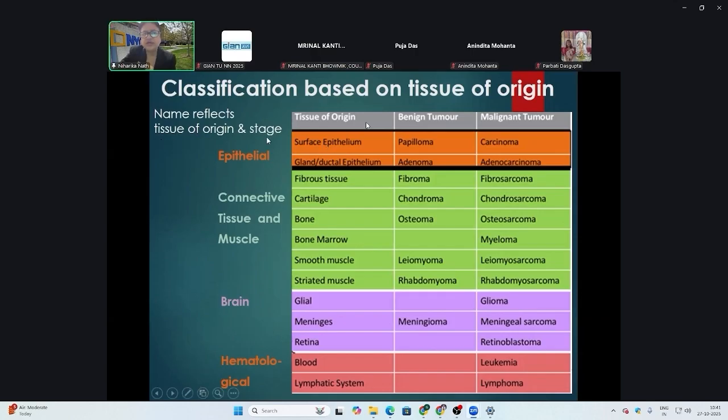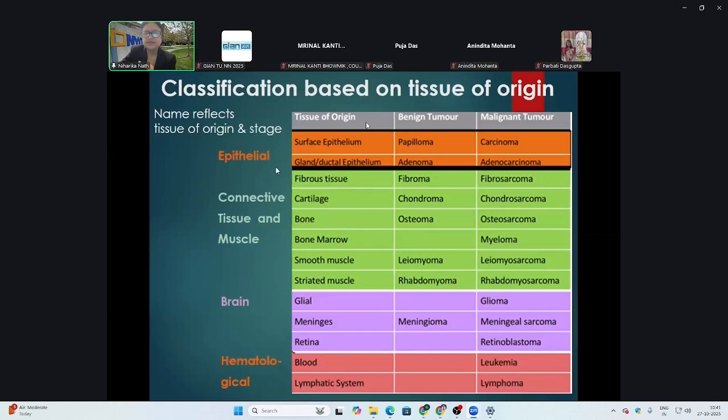Which is the starting location. If you see here, there are four types: epithelial tissue, connective tissue and muscle, brain tissue, and hematological. We'll look at each of them in a bit more detail.